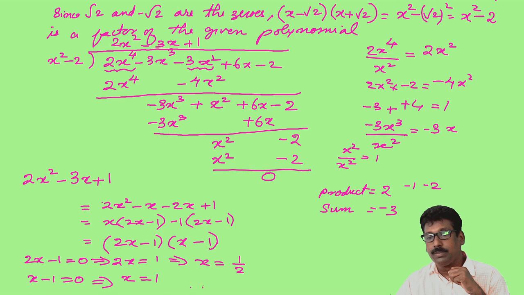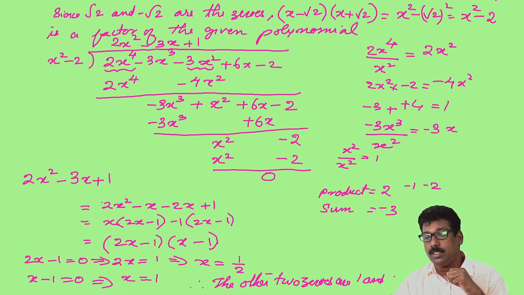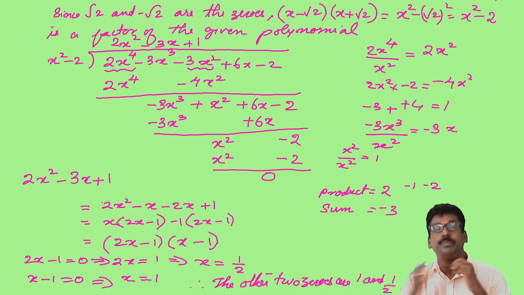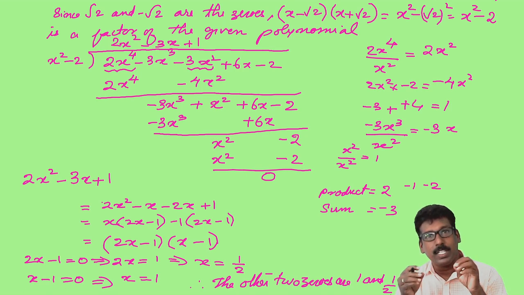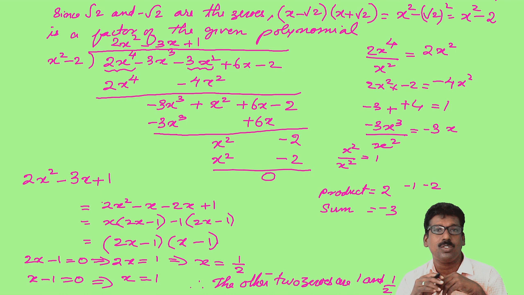Therefore the other two zeros are 1 and 1 by 2. In this way, you can find out the other two zeros of a fourth degree polynomial if two of its zeros are given. Now let us look at the textbook question.